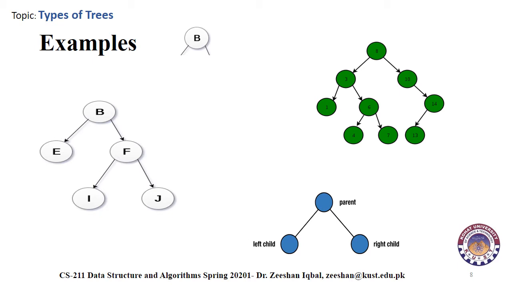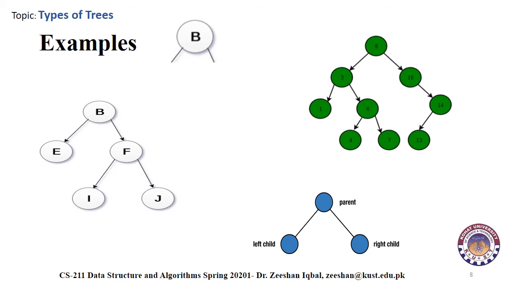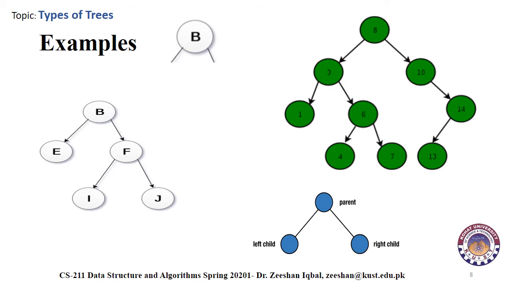These are various examples of binary trees. A single node in a tree can also be referred to as a binary tree having no child, as can be seen in the figure. B node is the only node in the tree, so this is basically a binary tree. A binary tree can have a single child, as we can see that node J has one child in the second tree.